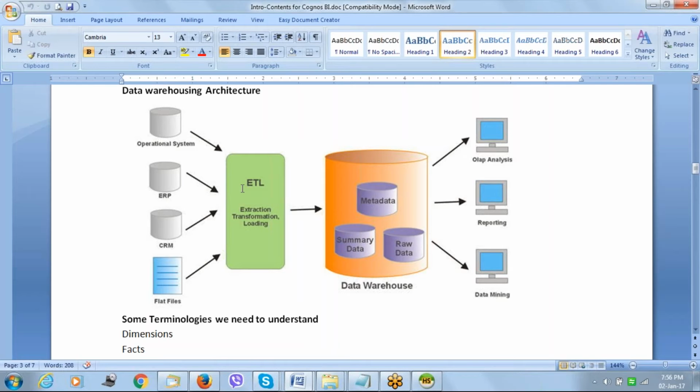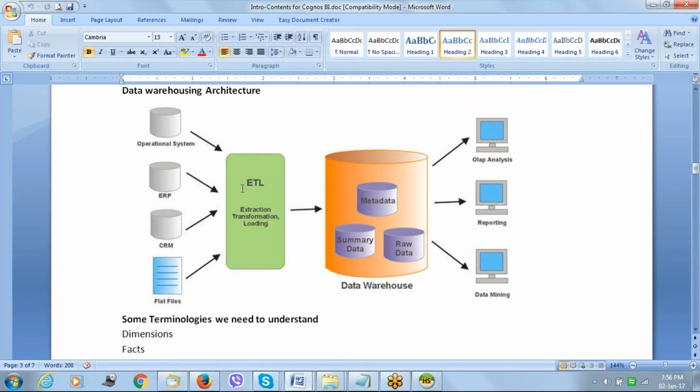We will not save thousands of records at a single time. One customer will be added, then another customer, then another customer. These things are done in the ERP database. So this database is designed for inputting the data.